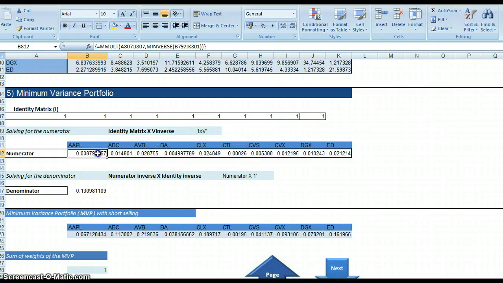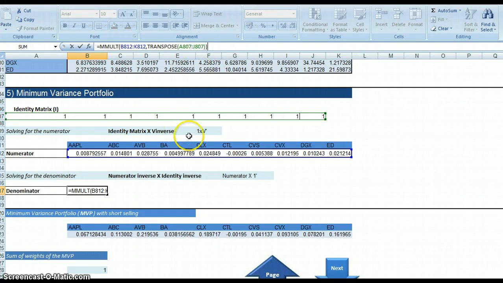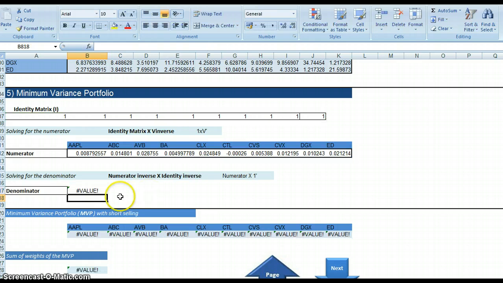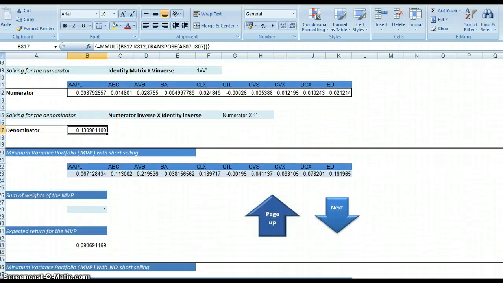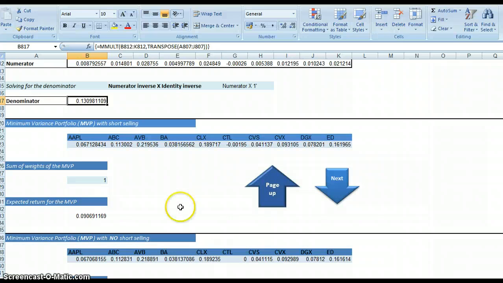And when we get that, we want to look for our denominator, so we take the numerator inverse multiplied by the identity matrix. And the next step then, so this is giving us a MVP portfolio with no short selling.